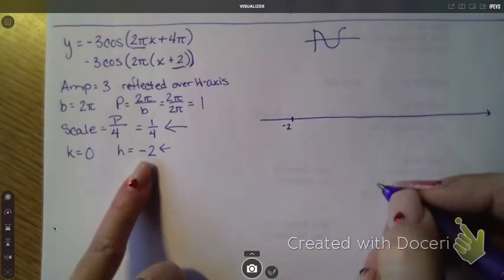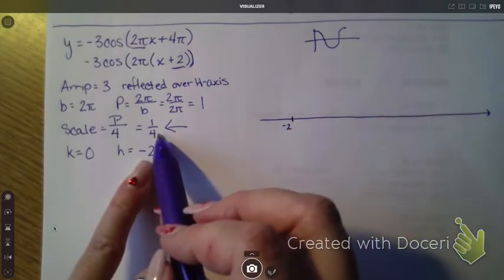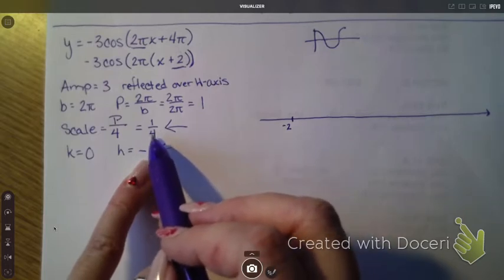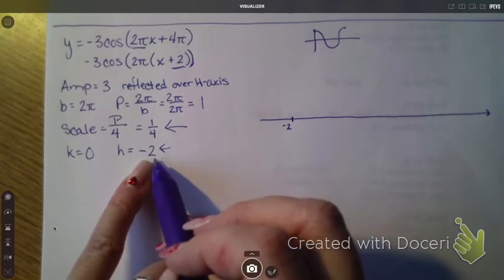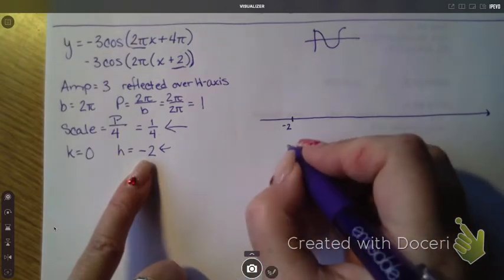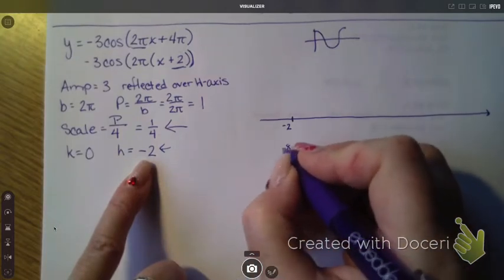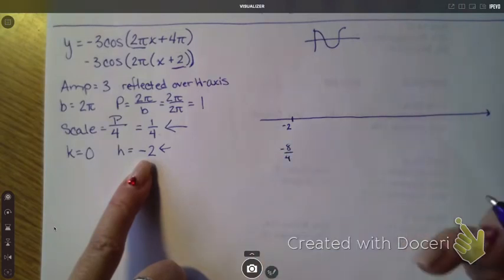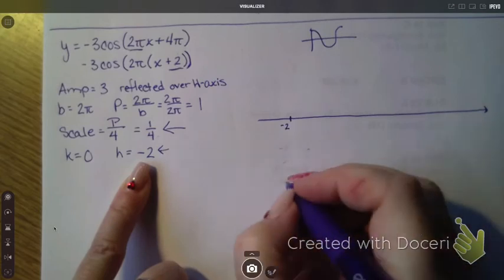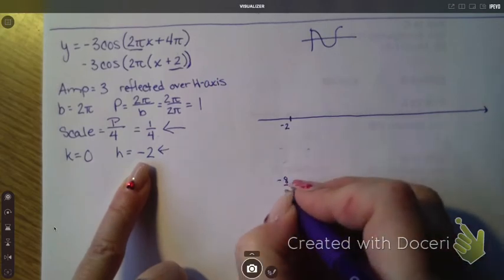And we have to have common denominators, so my scale's 1/4, so my common denominator has to be 4. So what would negative 2 be with the common denominator of 4? 8/4. So it's negative 8 over 4.